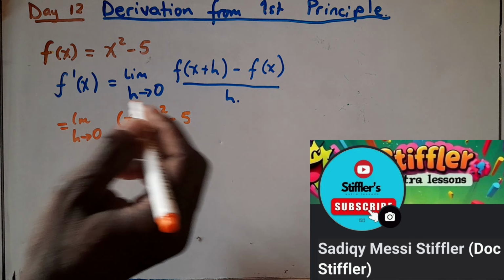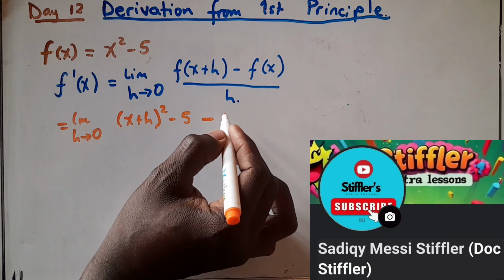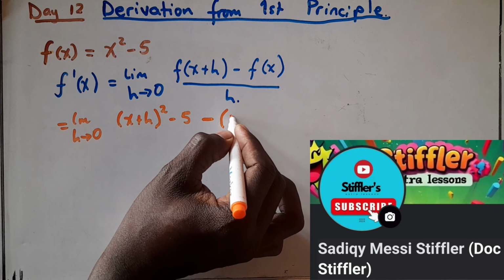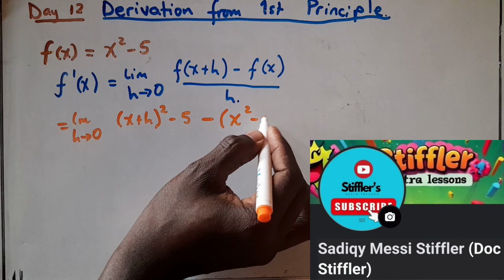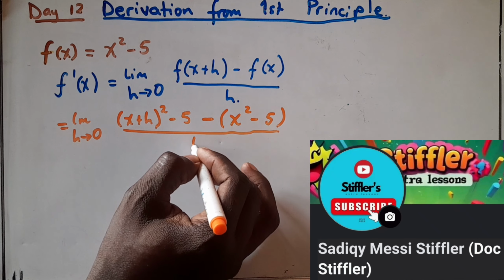This should be subtracting the whole f(x). And what is our f(x)? Our f(x) is x squared minus 5. And don't forget to put over h.